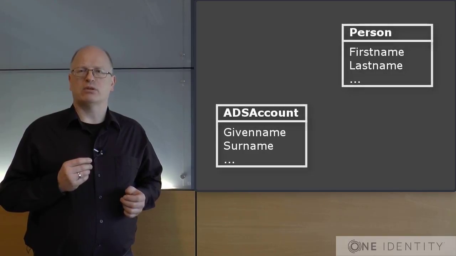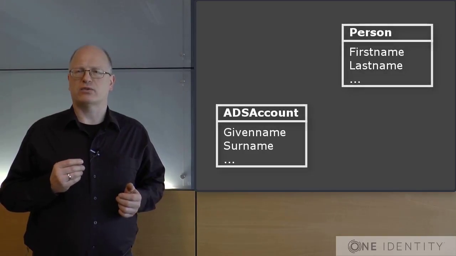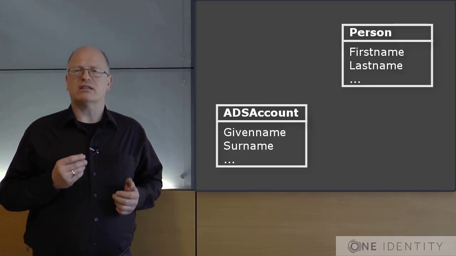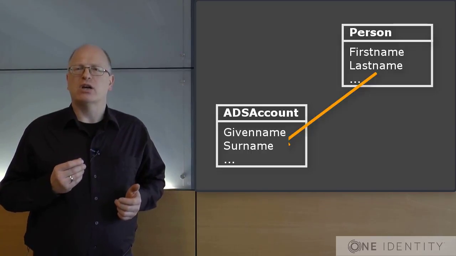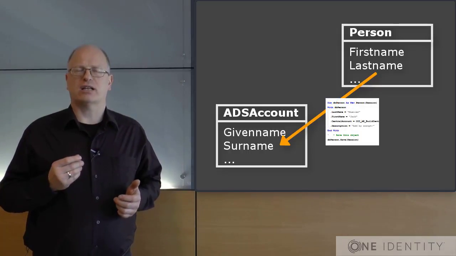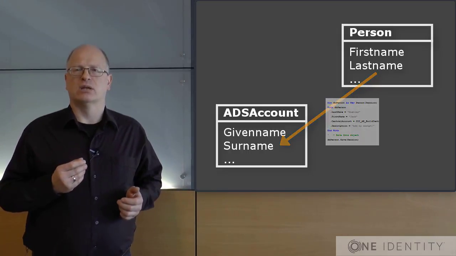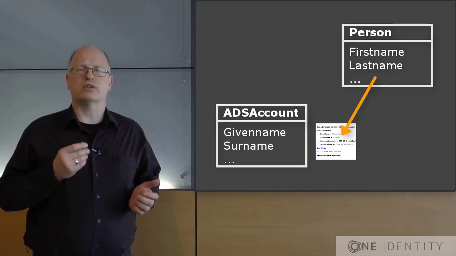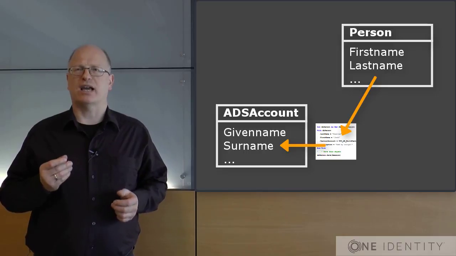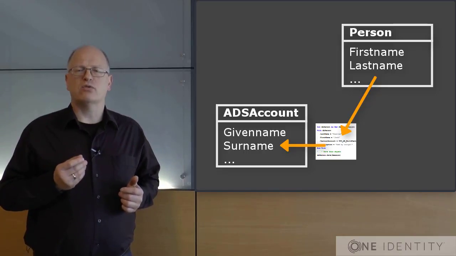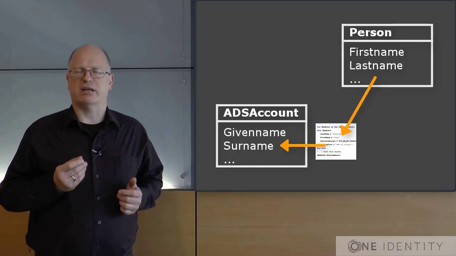For example, if there is a surname on an Active Directory account, because we are talking about identity management, this surname should be derived from the last name on the person object, because the person object has the identity data. So there will be a template on surname referencing the column on the person object which is related to this specific Active Directory account. Templates are there to direct the data flow between the different tables in Identity Manager.